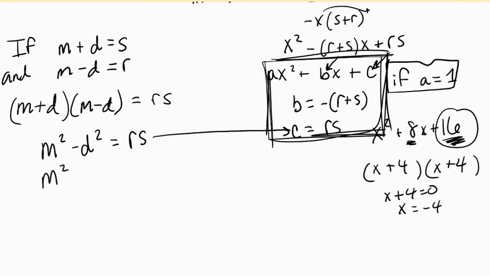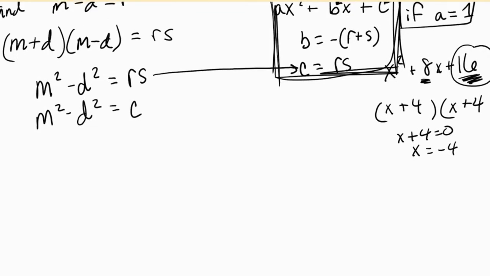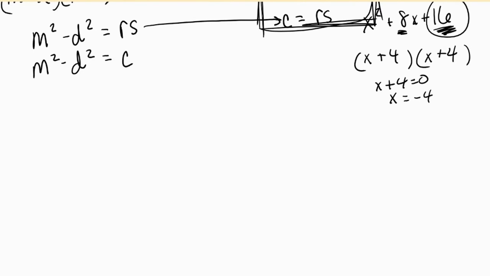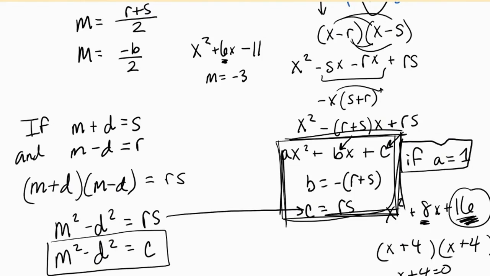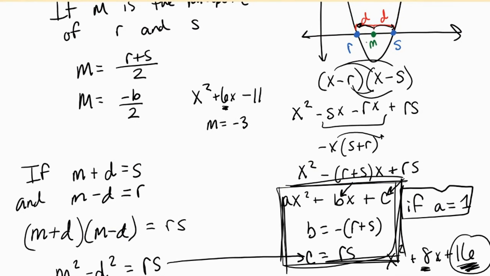So I'm going to say m squared minus d squared equals C. Now, again, I'm going to do some simplifying and rewriting to isolate this for d, because if you remember just a minute ago, that's what we really needed. What we need to know, if we know the midpoint, to find the roots, is that distance going each direction.